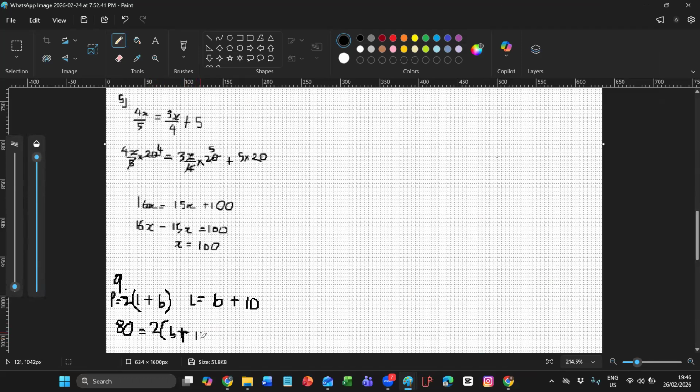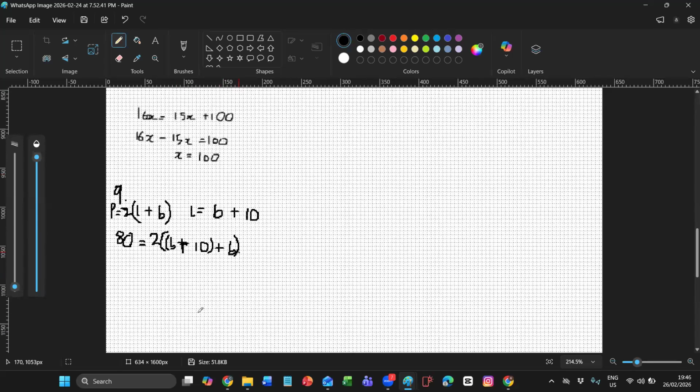So in the bracket alone like this, if you want, you can put another bracket inside to show that that was just a replacement of L. If you collect the like terms, what will you have inside?